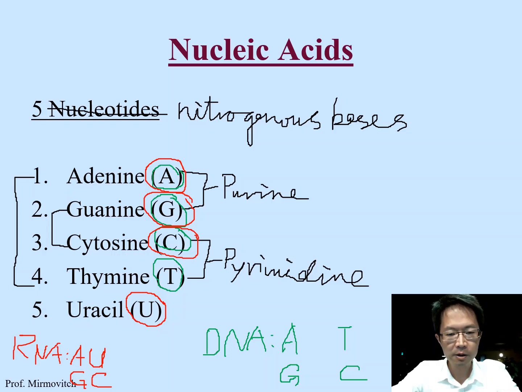Because A forms hydrogen bond with T, and G forms hydrogen bond with C. And then A and G, they are purine. I'll just put Pu here. And then T and C, they are pyrimidine. I'll put Py here.